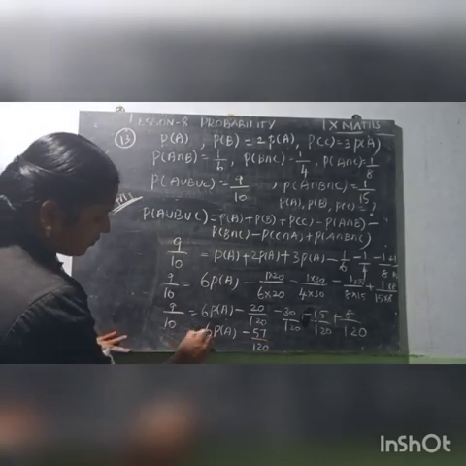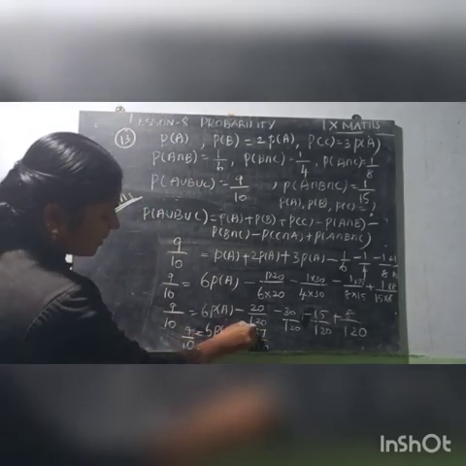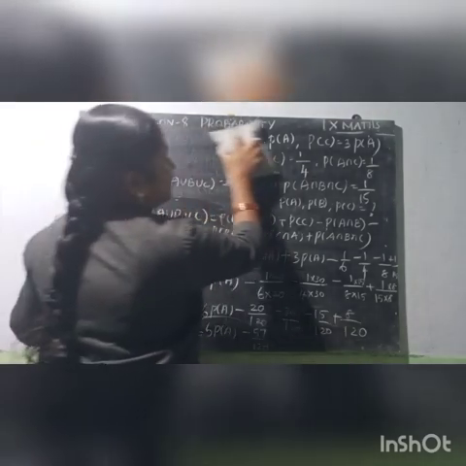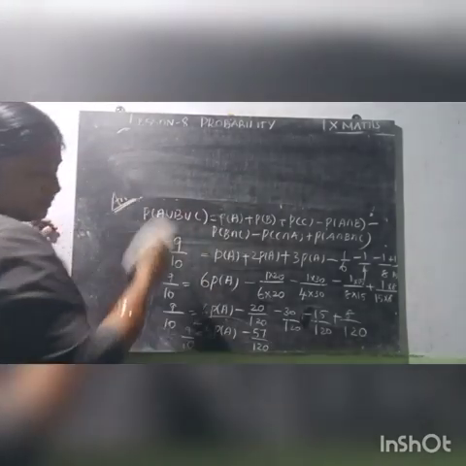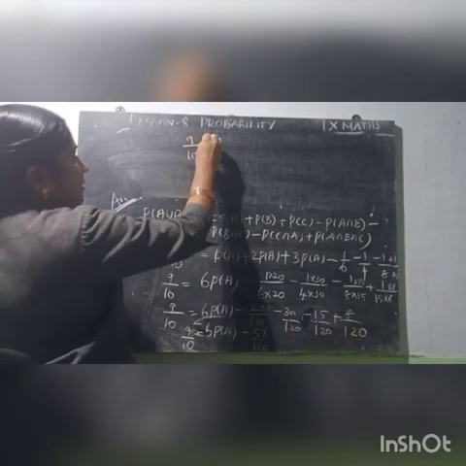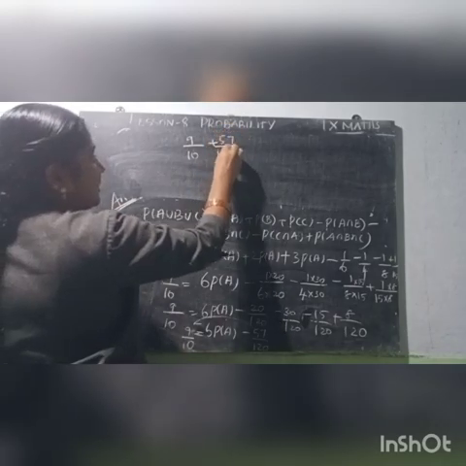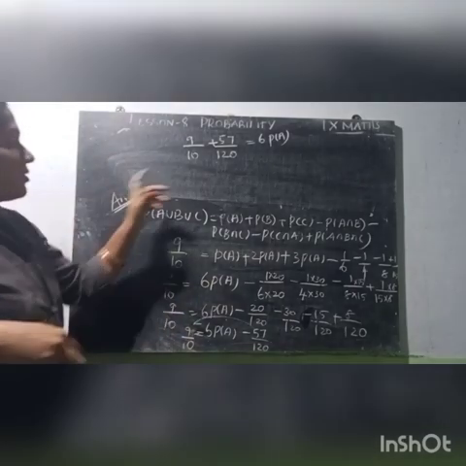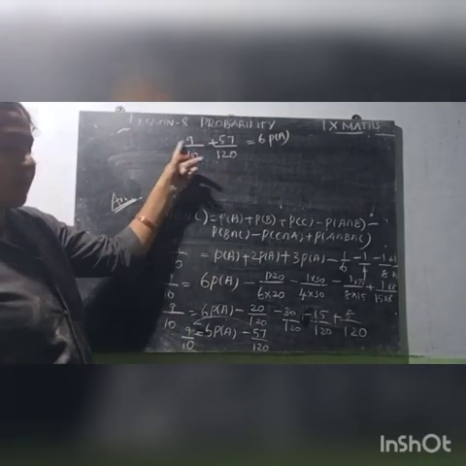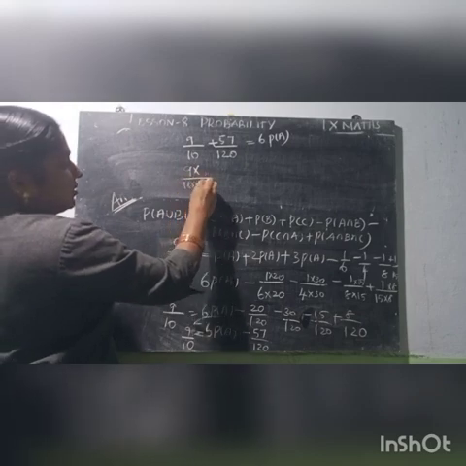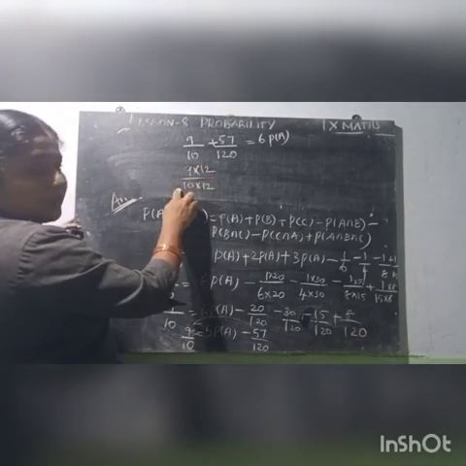That is equal to 9 by 10. Bring this minus 57 by 120 to this side. We will get 9 by 10 plus 57 by 120 equal to 6 P of A. See, 10 and 120, we can bring 120 here, so we multiply by 12 to bring 120 here.